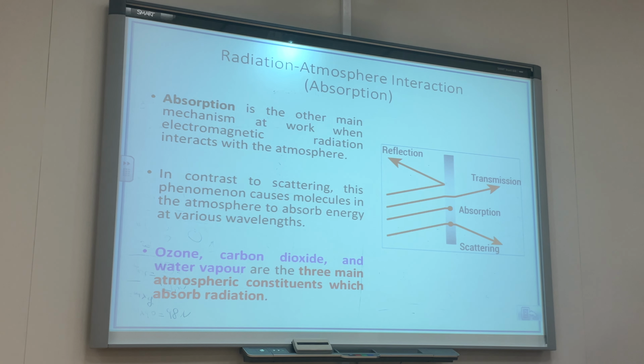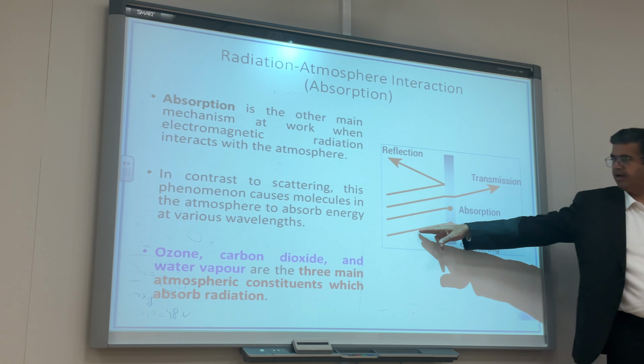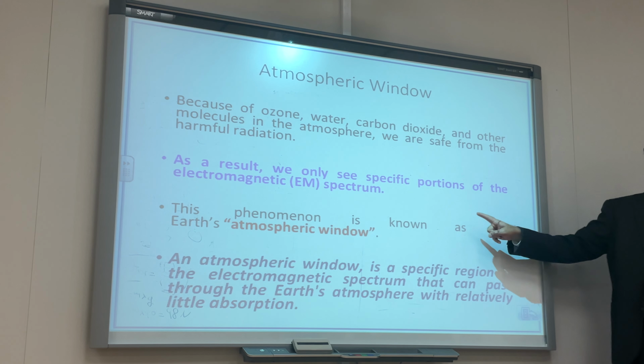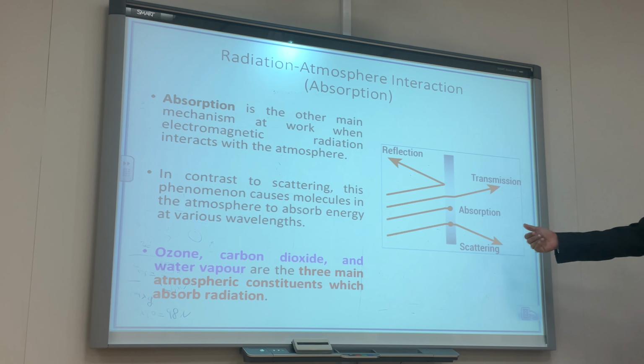Now reflection is not very common in the Earth's atmosphere. Instead of reflection, it is mostly the scattering. Means the original direction of travel was this one. After it comes in contact with the gas particles, it is redirected from its original path. It is no longer in its original path, it changes its direction. So this is called scattering.